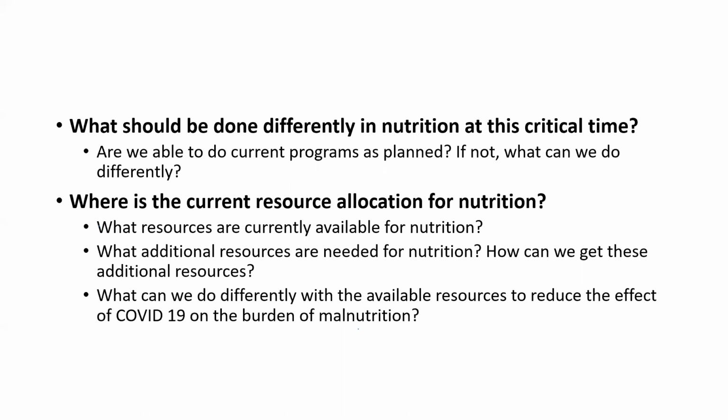But there are also other sectors working, especially when it comes to nutrition: the agriculture sector, the education sector, water, energy, the private sector, social safety net programs, civil society, academia, research institutes, development partners, humanitarian organizations, and also communities. All these have a role in implementing nutrition.